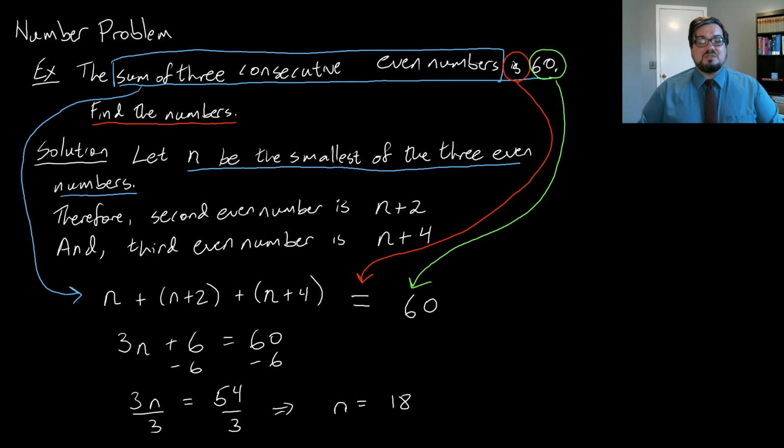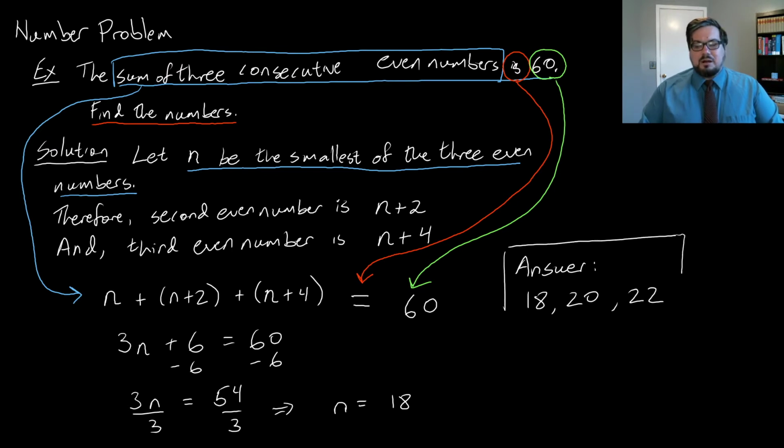We have found that the smallest of them is 18, and so therefore our answer to the question is 18, 20, and 22, because those would be the three consecutive even numbers where the smallest of them is 18, which is what we figured out from our algebra. So that's our answer to this problem. The three consecutive even numbers that add up to 60 are 18, 20, and 22.